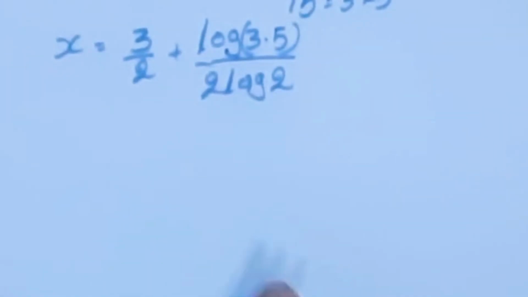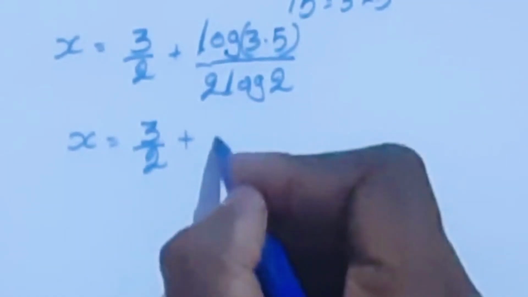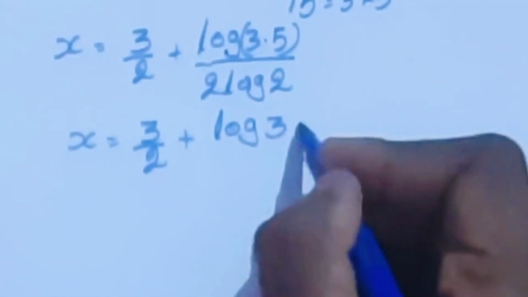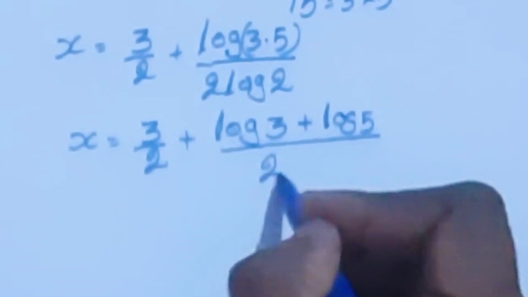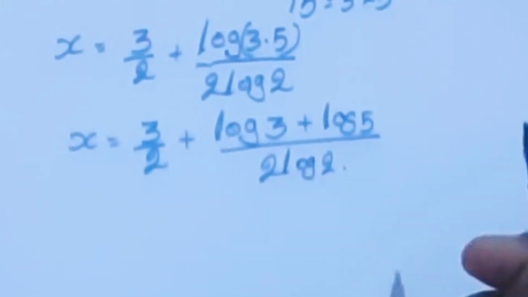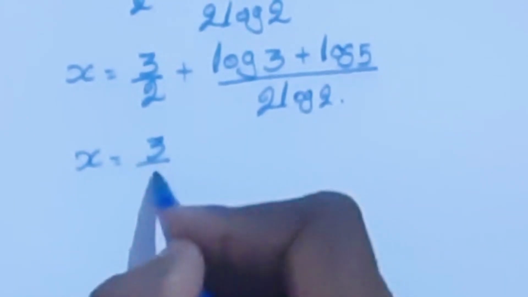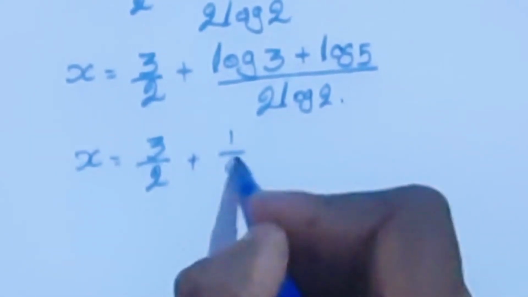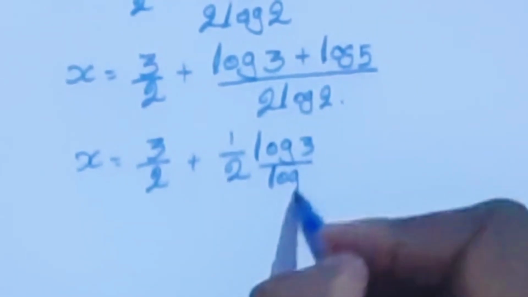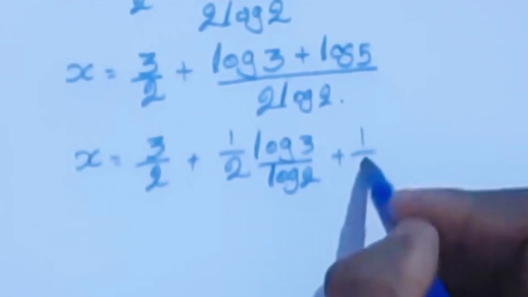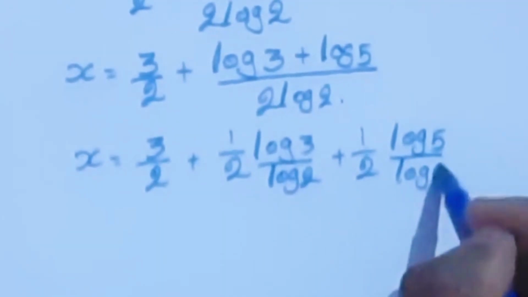Now this can be written as x equal to 3 by 2 plus log 3 plus log 5 whole divided by 2 log 2. Now this can be written as x equal to 3 by 2 plus 1 by 2 log 3 by log 2 plus 1 by 2 log 5 by log 2.